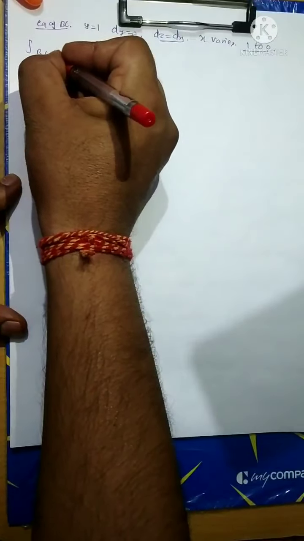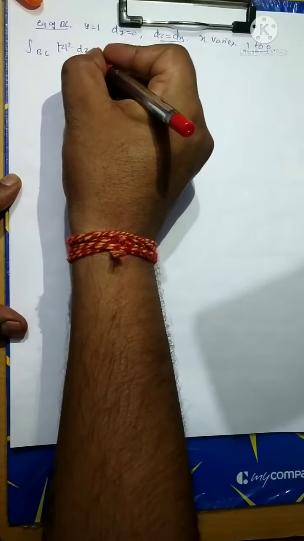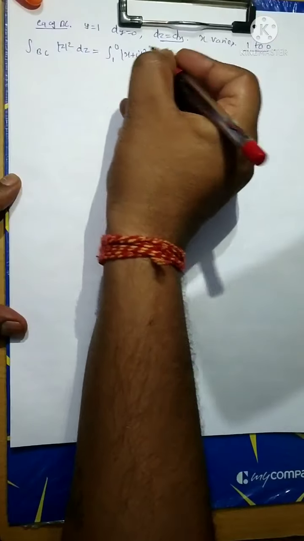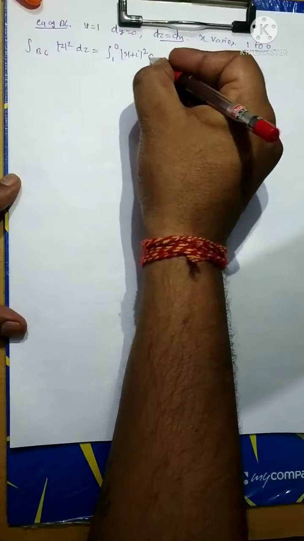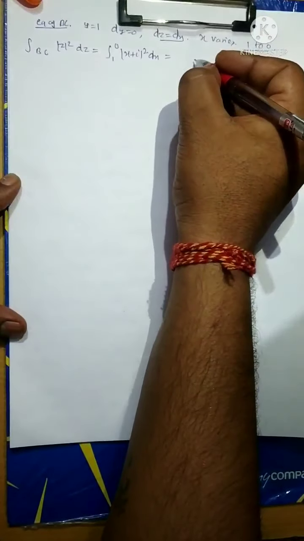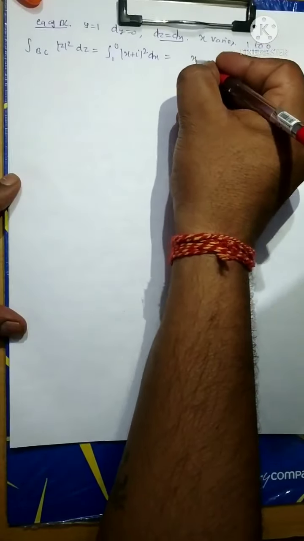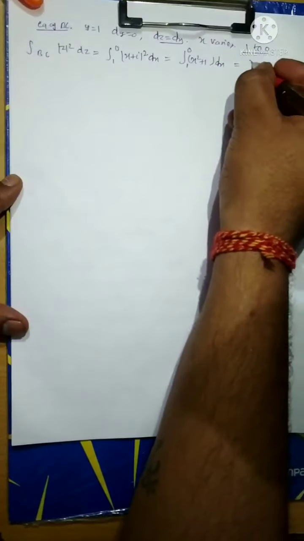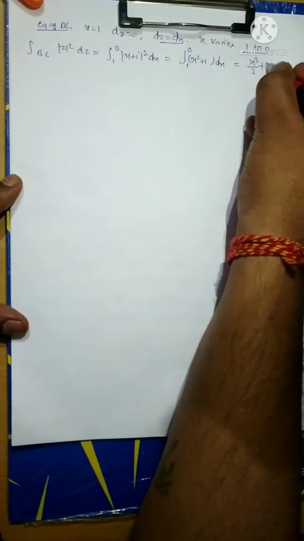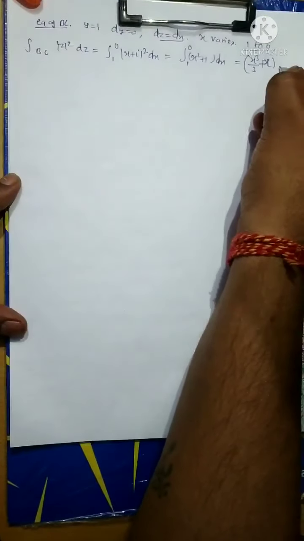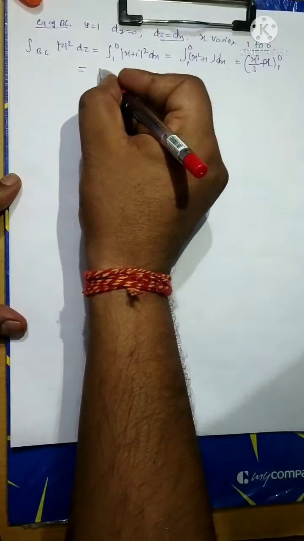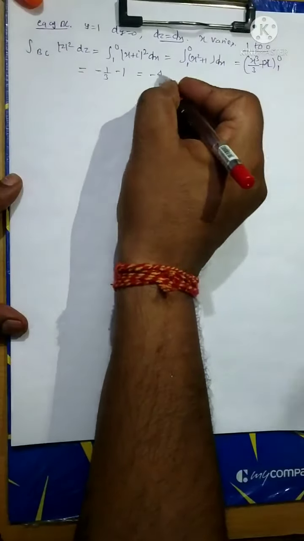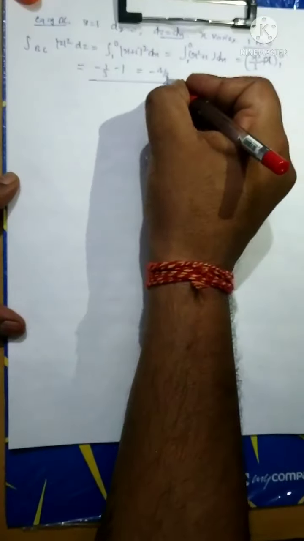Therefore integration over contour BC z modulus square dz is equal to integration 1 to 0, modulus of x plus i squared, dx, this is equal to x square plus 1, integration 1 to 0 dx, this is equal to x cube upon 3 plus 1 x, limit 1 to 0, this is equal to minus 1 upon 3 minus 1, this is equal to minus 4 by 3.